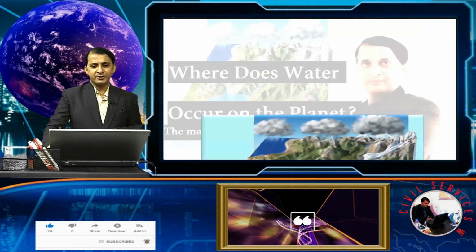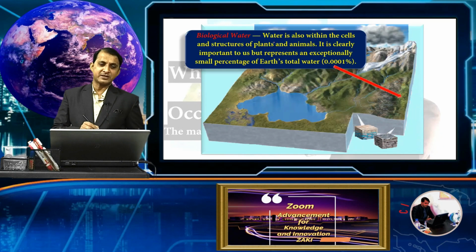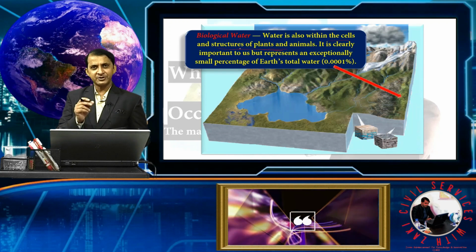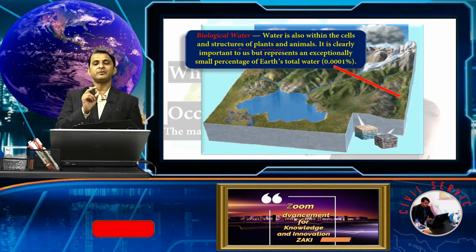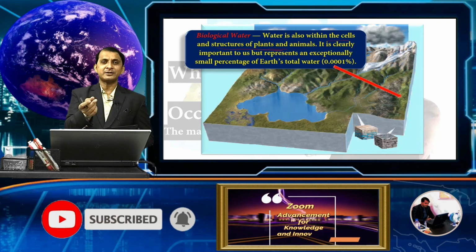Another is biological water, which is within the cells and structure of the plant. In the cell structure there is cytoplasm. What is cytoplasm?